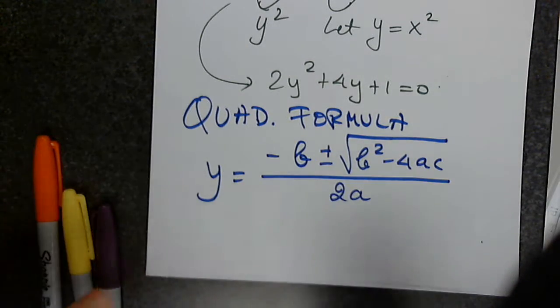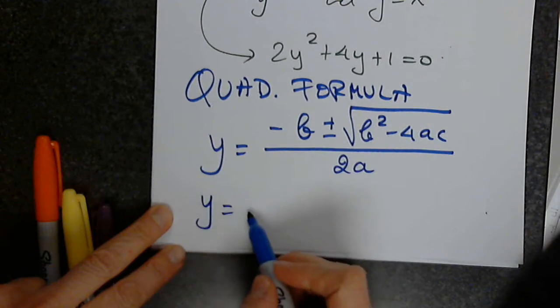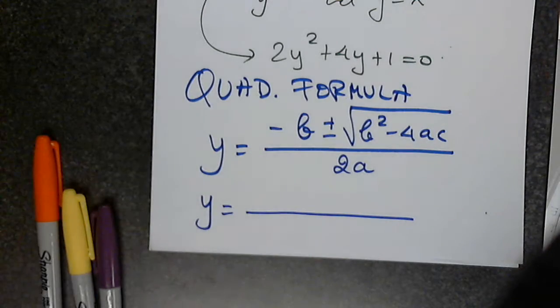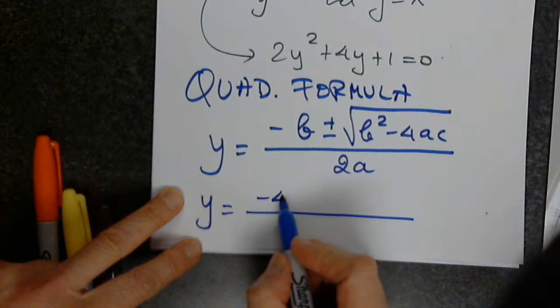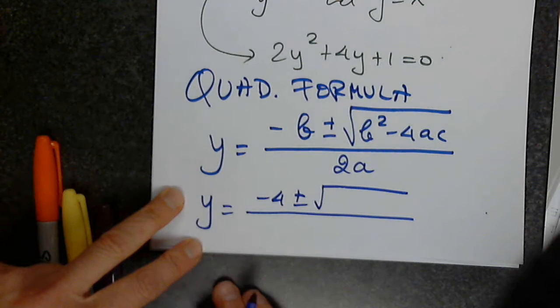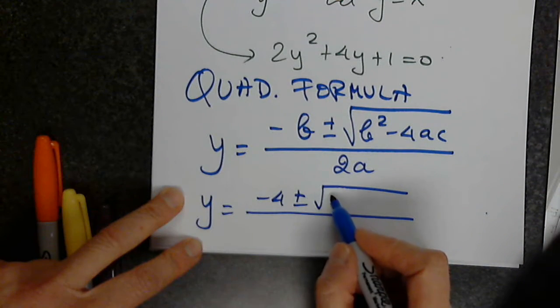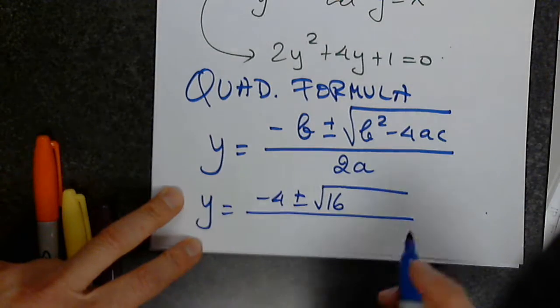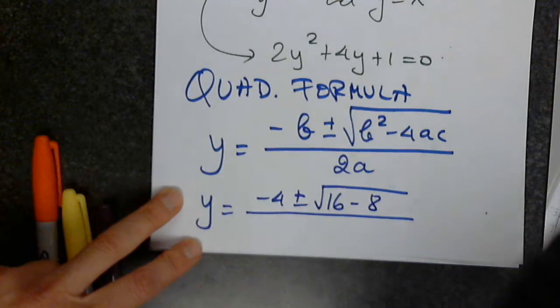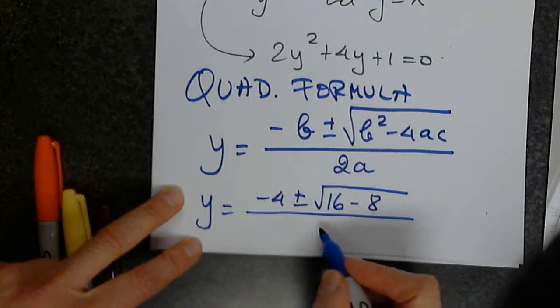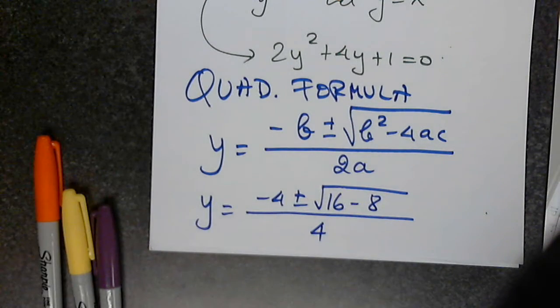Good. So can anyone dictate? A is 2, B is 4, C is 1. Correct. Negative 4. Awesome. Plus or minus the square root of 4 squared, 16, minus 4 times 2 times 1, which is 8. Yep. Over 2a, which is 4. Awesome. That's all I needed.